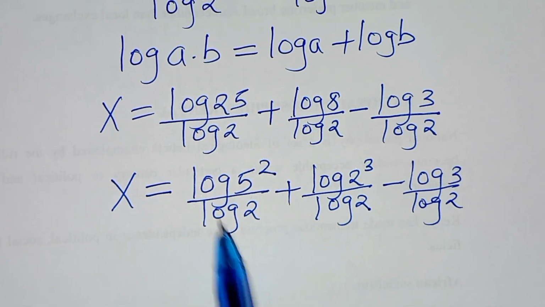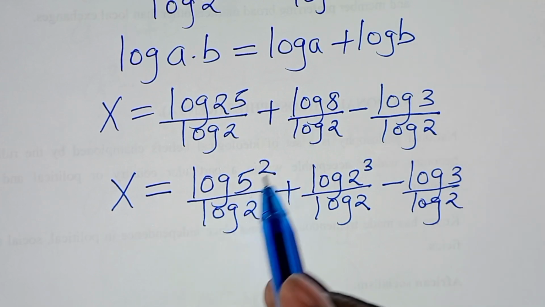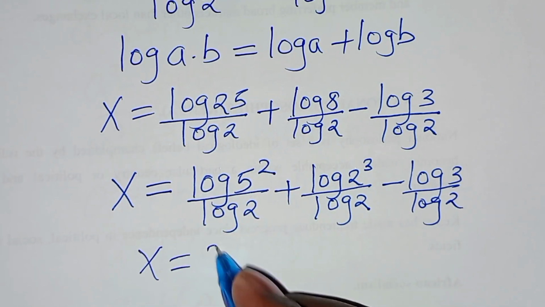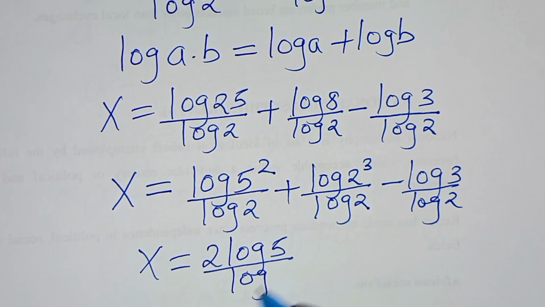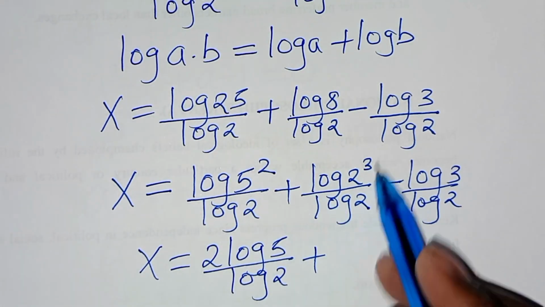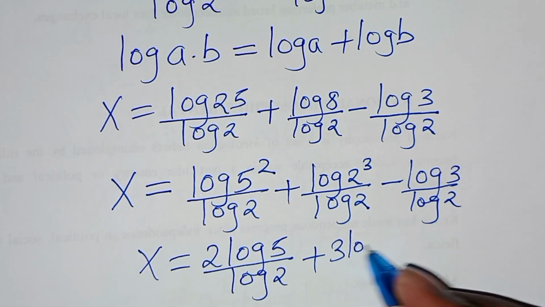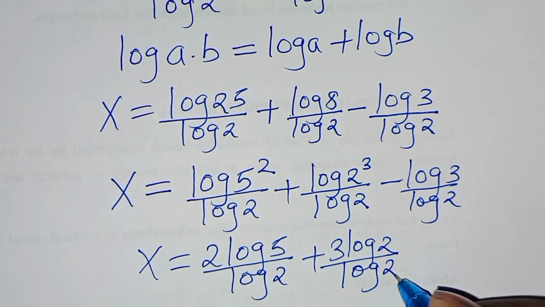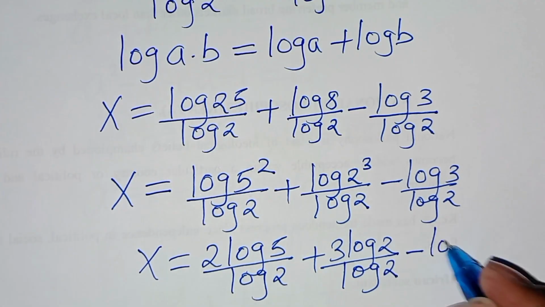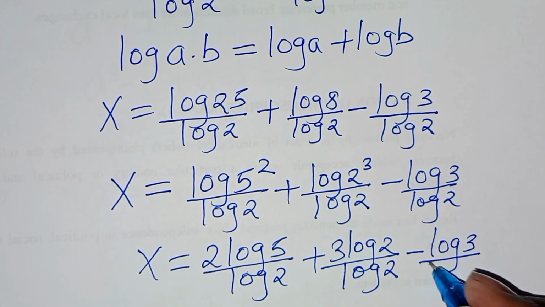The next step from here, we can express log 5 to power 2 by applying the power rule property as 2 log 5 divided by log 2. Then plus log 2 to power 3 as 3 log 2 divided by log 2. Then subtract log 3 divided by log 2.